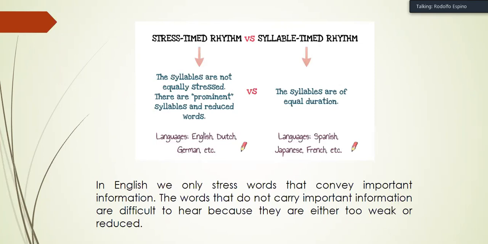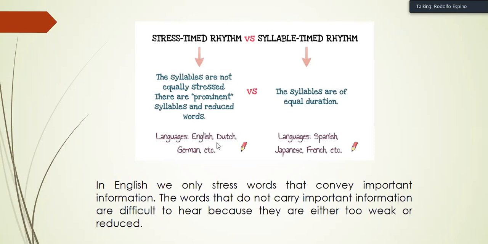The rest will be so unstressed or reduced that sometimes you will feel that they have even gotten lost from the sentence. It's like, where does he pronounce this word? He doesn't even pronounce it, but it's written here. It's because it is not important. Function words versus content words basically makes a difference.